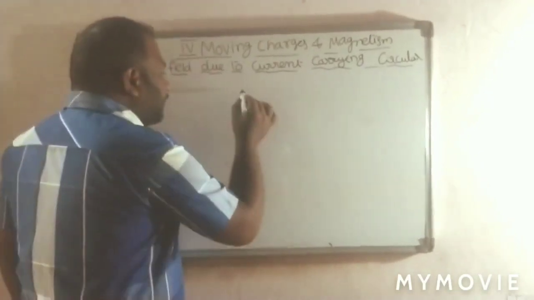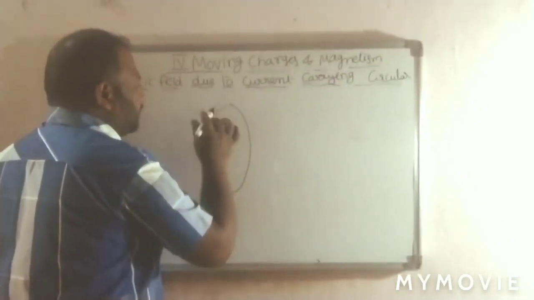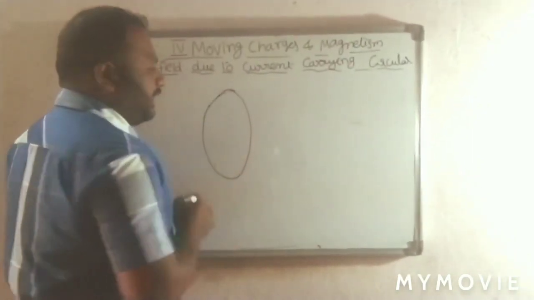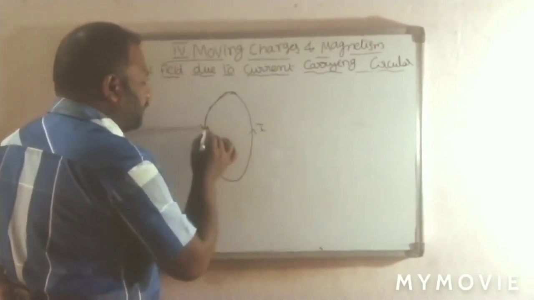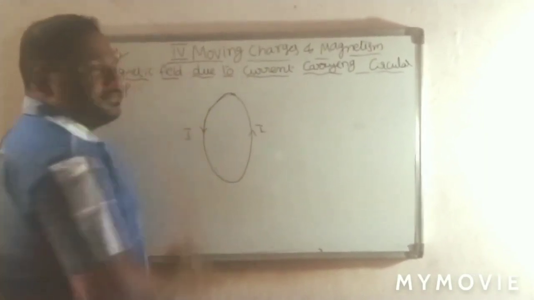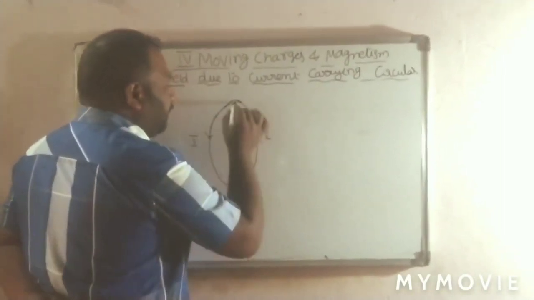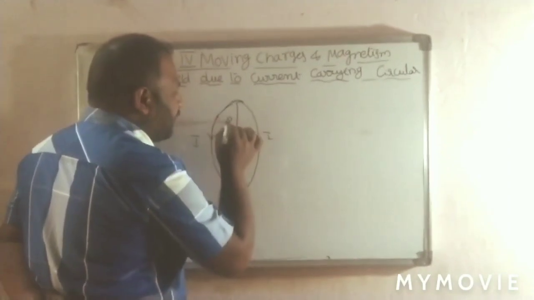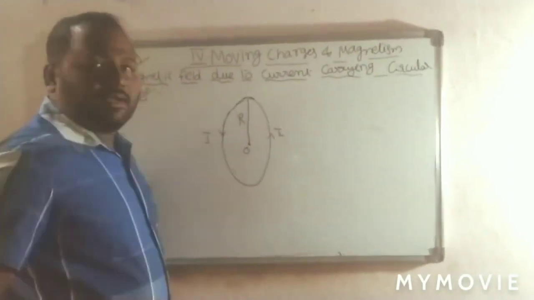Here it is a circular loop. I consider it is the current carrying circular loop, and the current flowing through the circular loop is taken as I, and this is the center of the circular loop where capital R is the radius of that loop.